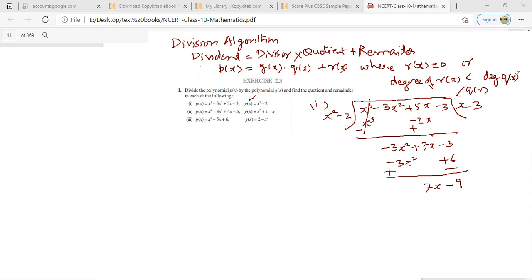Degree of Rx should be less than or equal to the degree of Gx, the divisor, not Qx.